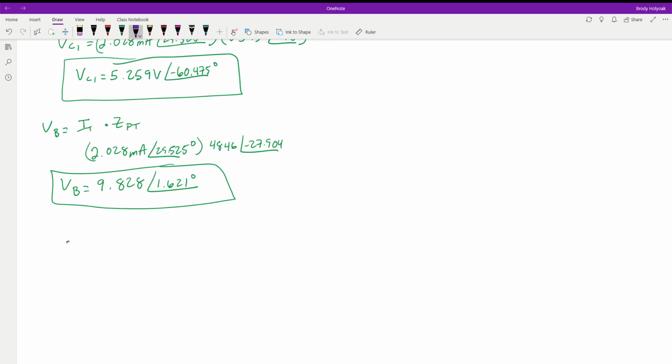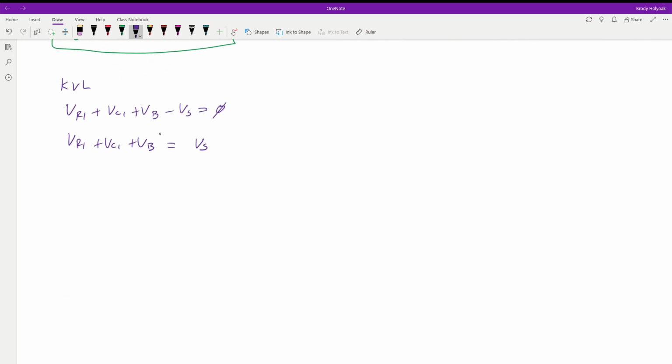So my Kirchhoff voltage loop for this part of the equation is going to be VR1 plus VC1 plus VB minus VS equals 0. Now again, I'm just going to move VS over to the other side to make it easier. So we have VR1 plus VC1 plus VB is equal to VS, which is how we know Kirchhoff's voltage law should go.